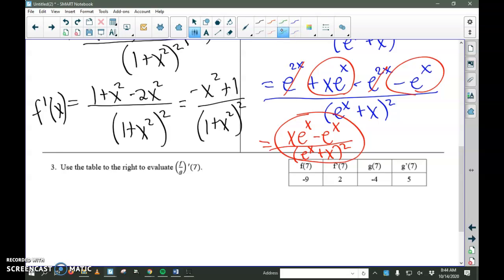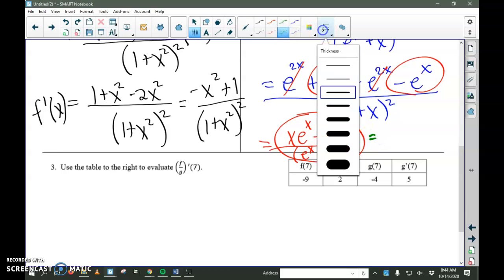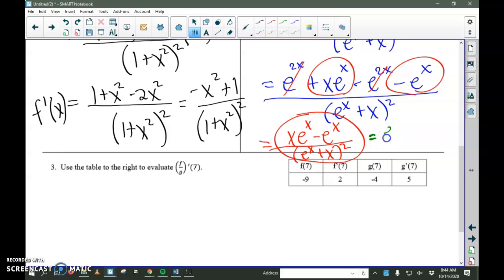So you could have that this is equal to e to the x times x minus 1, and then again divided by e to the x plus x squared. You don't have to do that for me. I'm just making you aware that these are equivalent options, and sometimes you see that e to the x factored out. Just put it on your radar, okay?